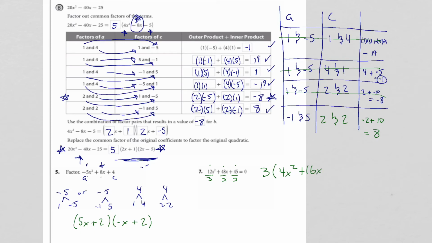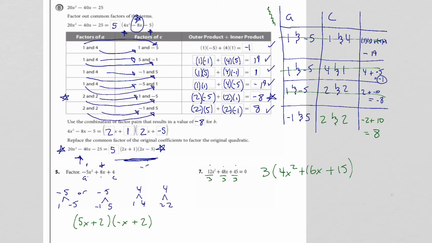And 45 divided by 3 is 15. And now hopefully by pulling out this 3, I have smaller numbers to work with, which essentially means less of these combinations to try. So you're going to want to try to factor out a number, otherwise you're going to give yourself more work to do.